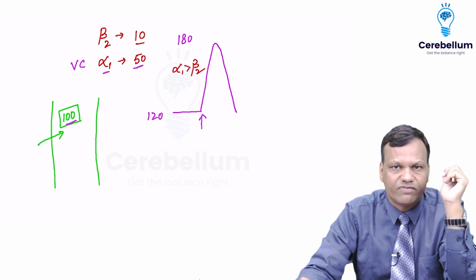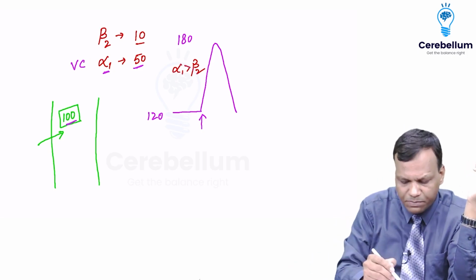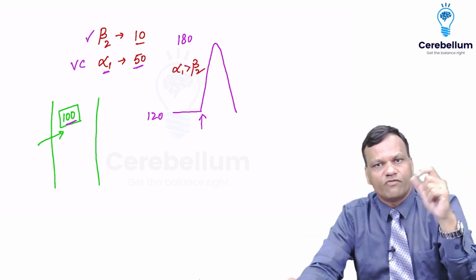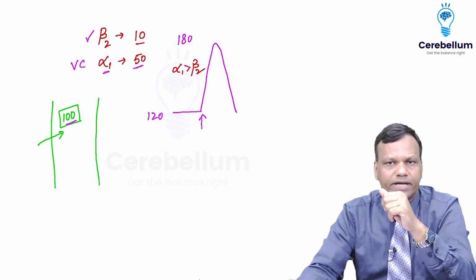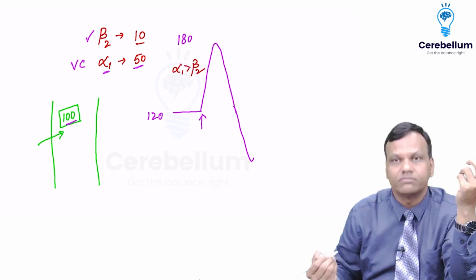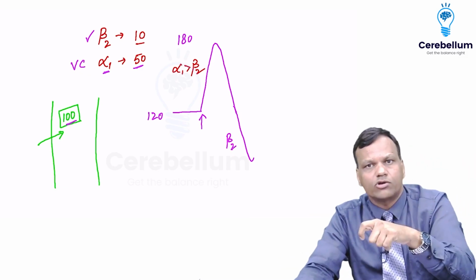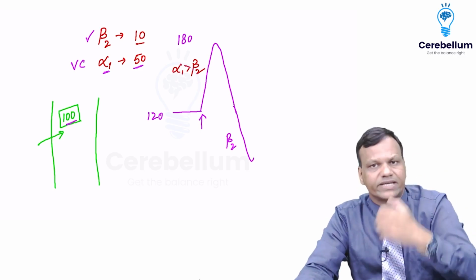Whenever it becomes less than 50, what will happen? Now there is no action on alpha, but beta 2 is still getting stimulated. So 49 molecules acting on beta 2 will produce vasodilation and a decrease in BP. This decrease is due to beta 2.